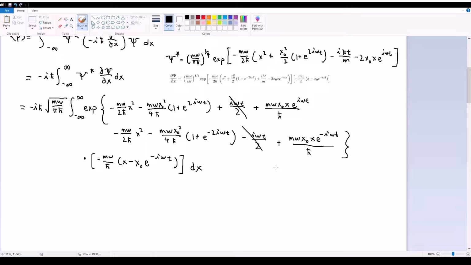And what are we left with? I can bring the negative m omega over h bar to the front.